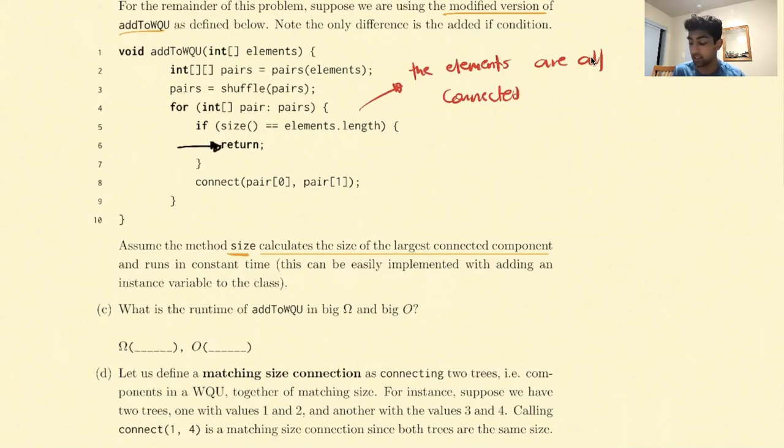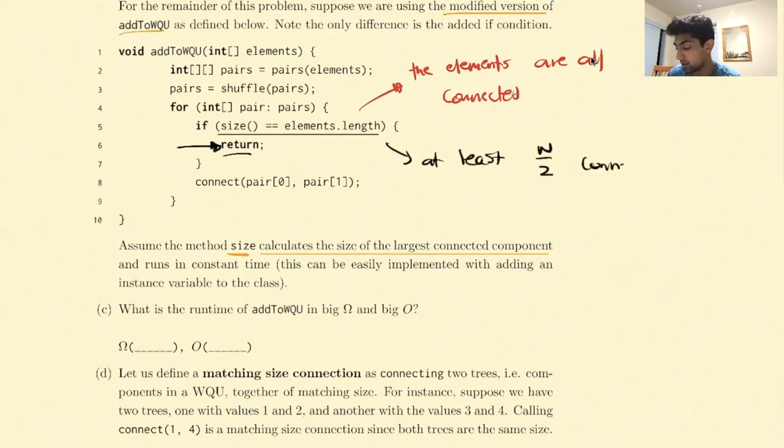So for us to hit this return, it means that we hit this condition, which means that all the elements were connected together. Okay, so for all the elements to be connected together, it means that we called connect at least once on every single element.